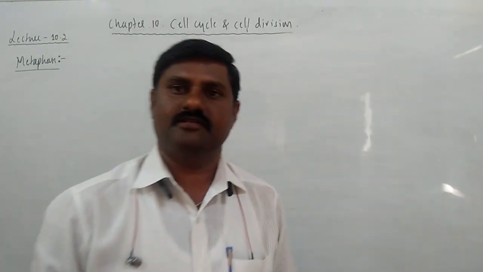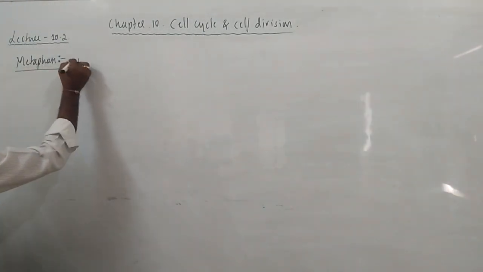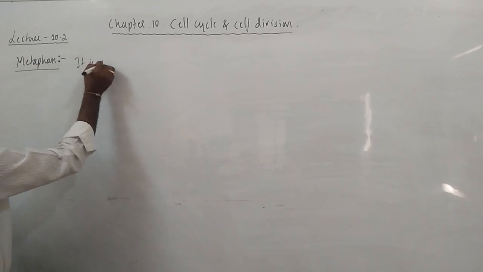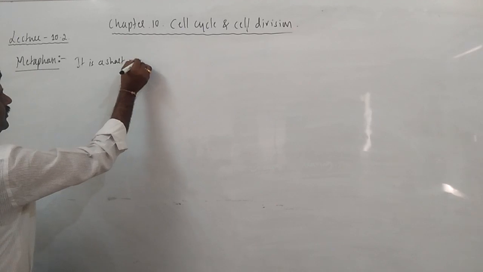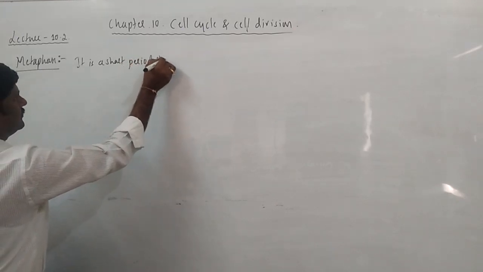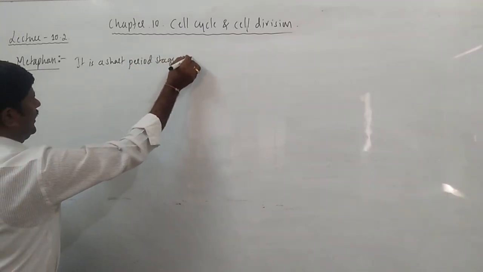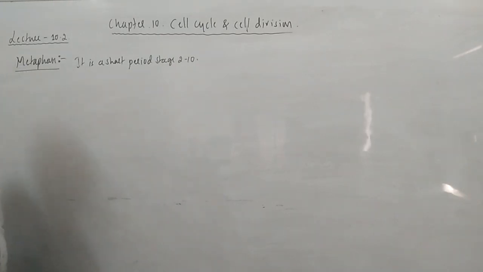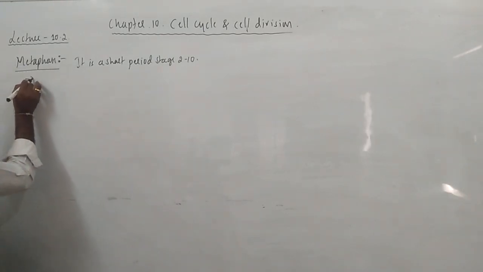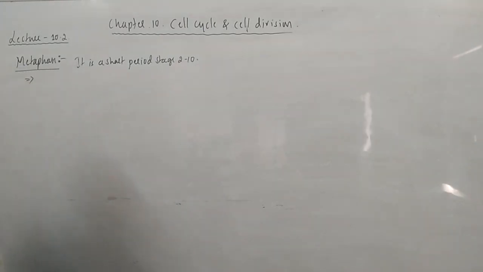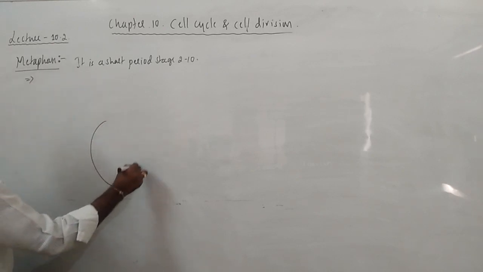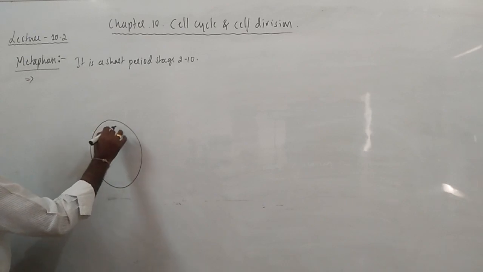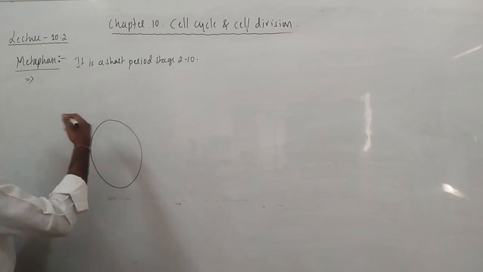The next stage is metaphase. In metaphase, what happens? It is a short period stage, it takes 2 to 10 minutes. In metaphase, let us see here. This is the cell, where the nuclear membrane is totally absent.